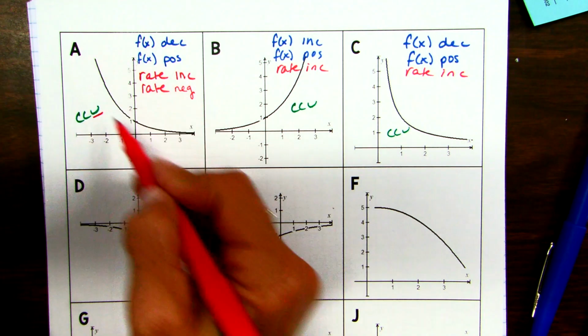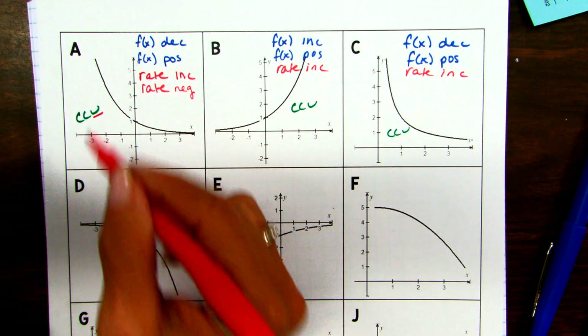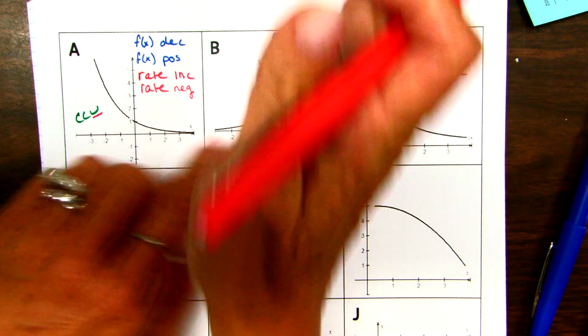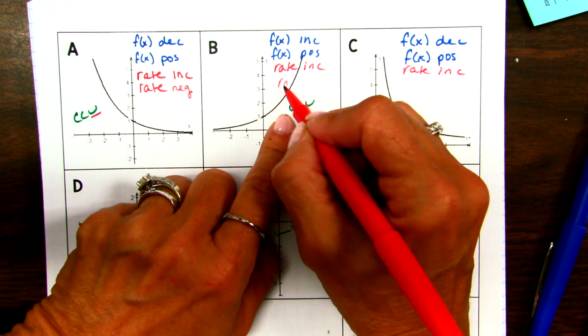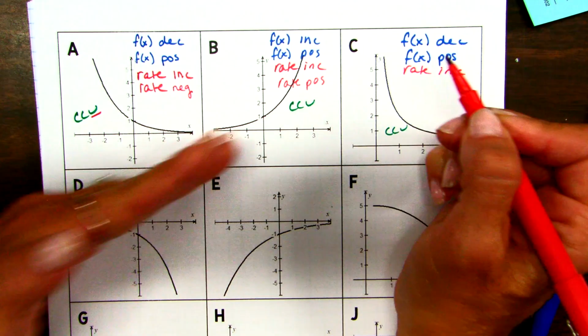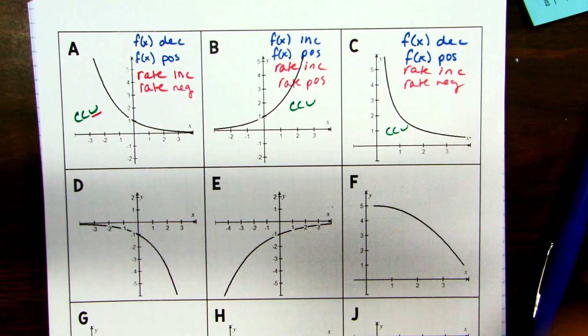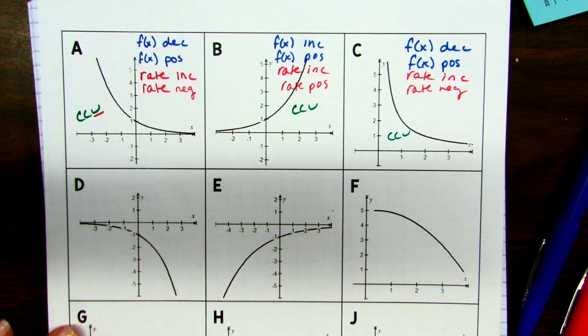All your slopes are going to be negative on this part. Notice it's not the complete U, because then it changes to something else. But just on this graph, my rate is negative. My rate would be positive here. We're increasing. My rate would be negative here because we're decreasing.